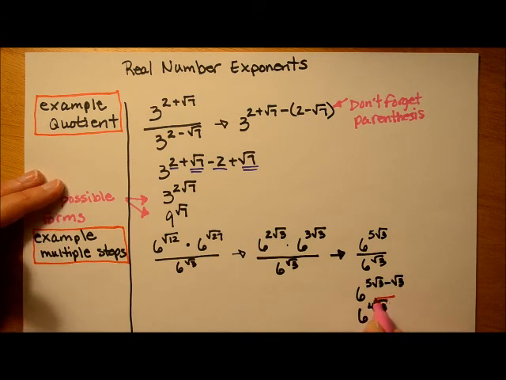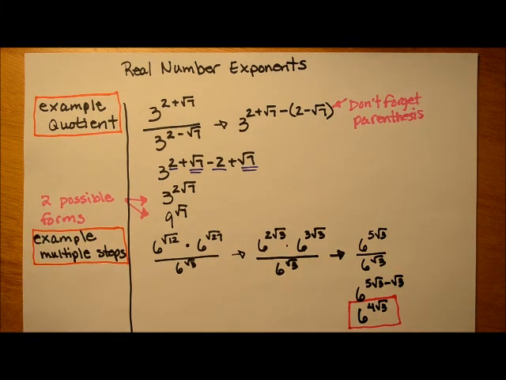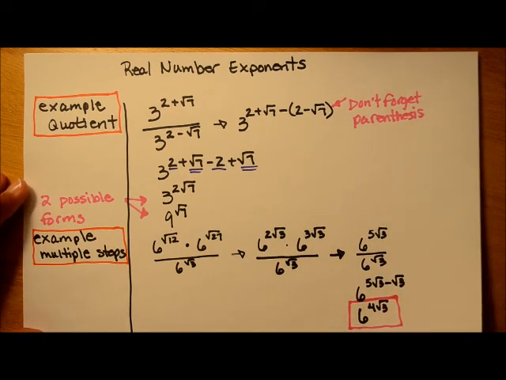I would need my calculator, which I do not have handy with me right now. Okay, so I'm just going to leave it like that. So it could get to be where there's a bunch of steps that you're going to have to do. So I showed you the basics, and then I showed you how to put it all together. Okay, pause your video if you need to, and take the rest of those notes.